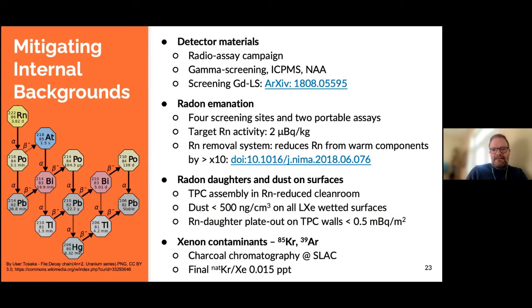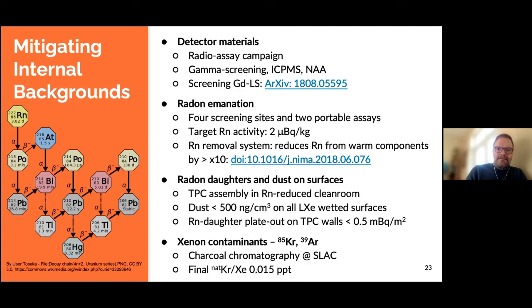Then we have the internal backgrounds. When you build this detector, every single material, every single screw, it's considered what it is made of. It all gets assayed for its purity and how much it radiates.